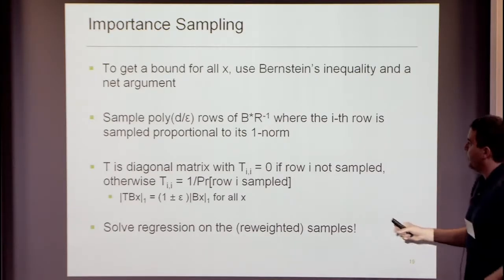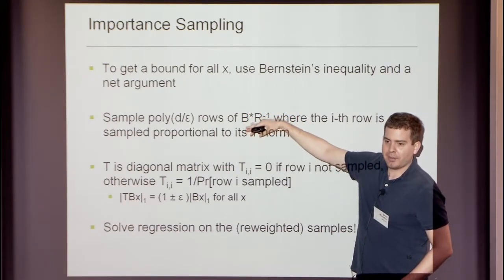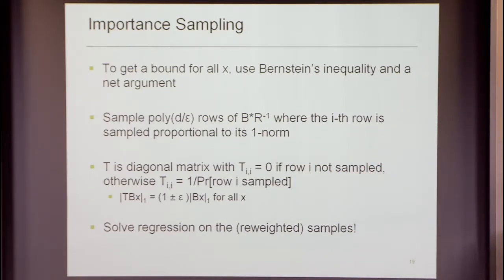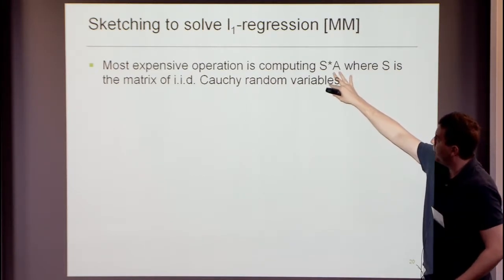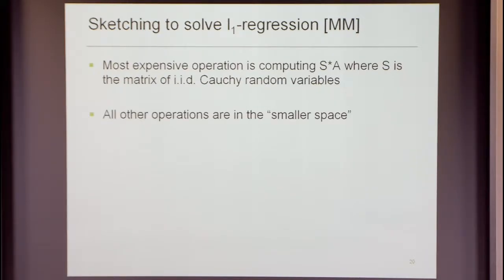There is something here where you need to find the one norms of this matrix to sample, but you don't have to explicitly compute B times R inverse. It suffices to have approximations to all the row norms, so this can be done quickly. So really, the main bottleneck is computing S times A, where S is this dense matrix of IID Cauchy random variables.